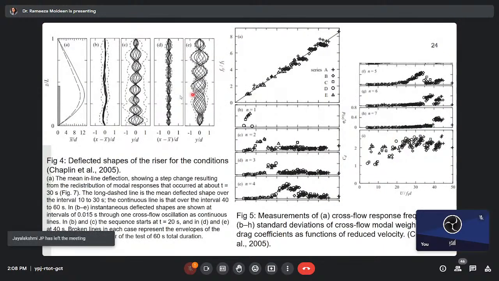This is how the deflected shapes are going to behave, with respect to different velocities. So this is the vertical length. In the vertical length, when small currents are acting, it is just vibrating, and then it vibrates in a figure 8 like motion. We can see that with respect to the vertical height, the different areas, that is the multi-mode vibrations, give different kinds of deflections.